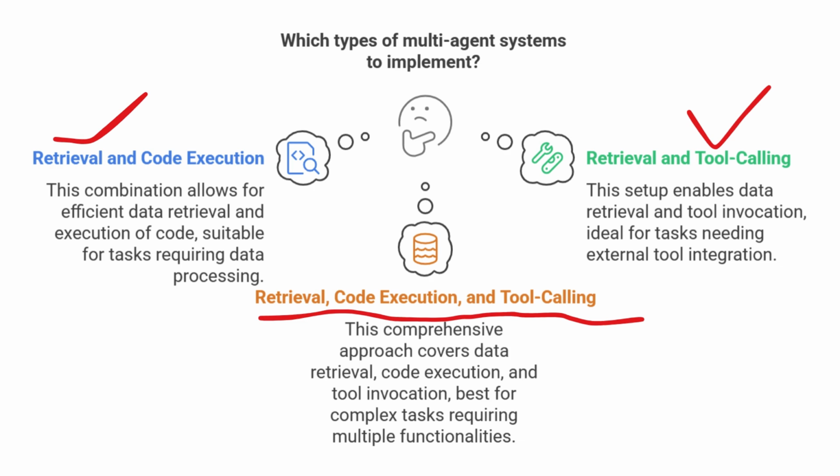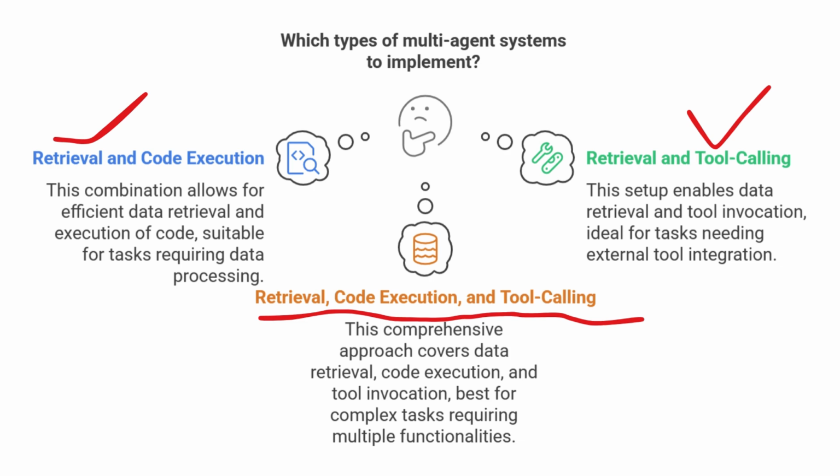With a retrieval agent focused on gathering information, a code execution agent dedicated to processing data, and a tool calling agent taking action, AI applications become faster and more scalable. This setup also allows systems to grow and adapt over time by adding new capabilities without redesigning the entire framework. Multi-agent systems allow developers to build AI that is more capable, scalable, and accurate.